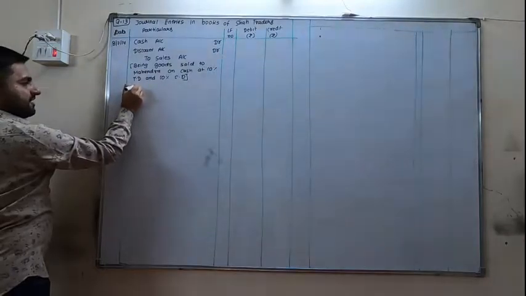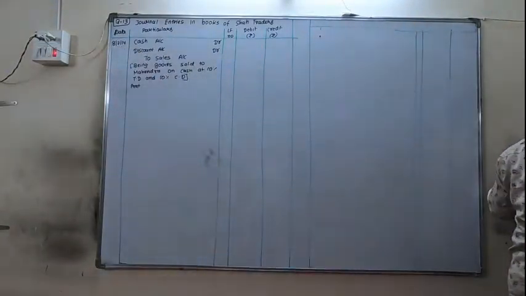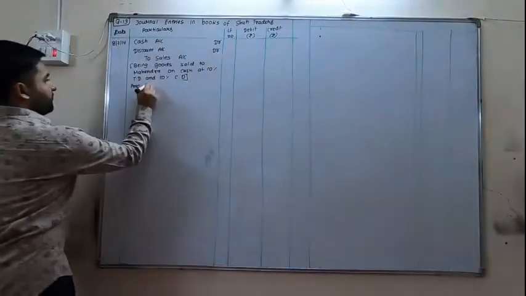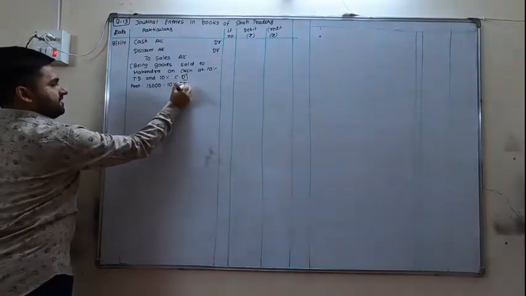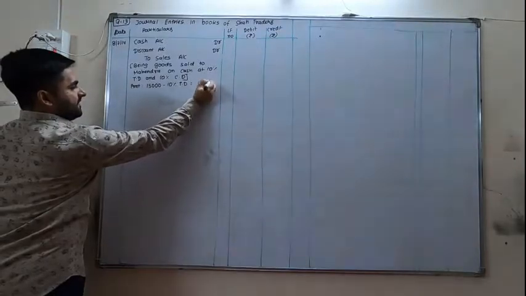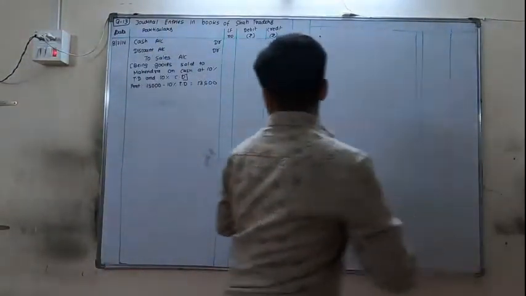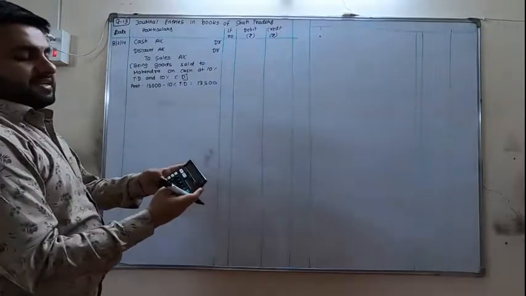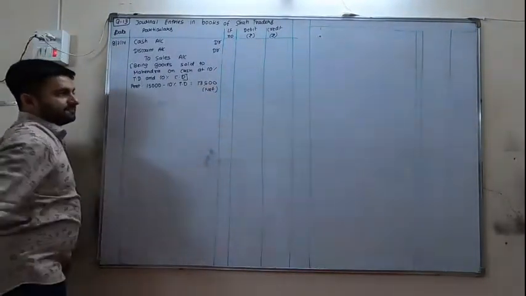Let me calculate the amount. The amount of goods is 15,000. Minus 10% TD is 13,500. Let me check in the calculator. 15,000 minus 10 percent, so it is 13,500 and it is the net amount.